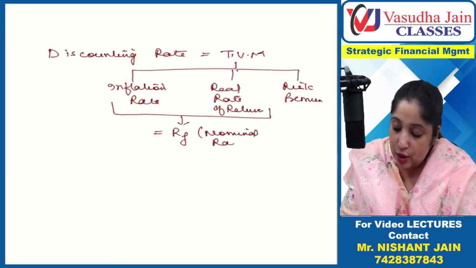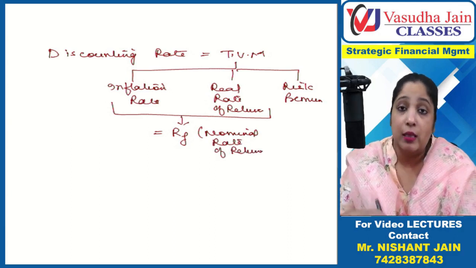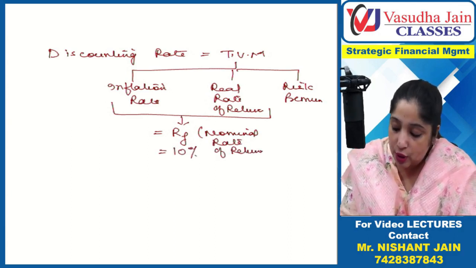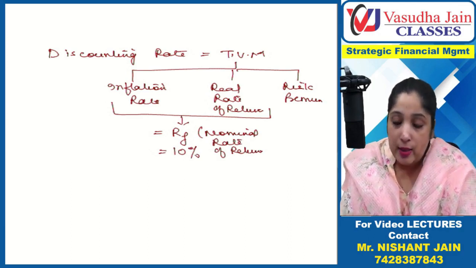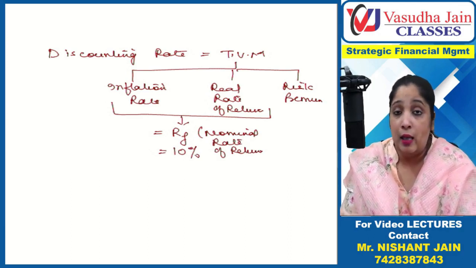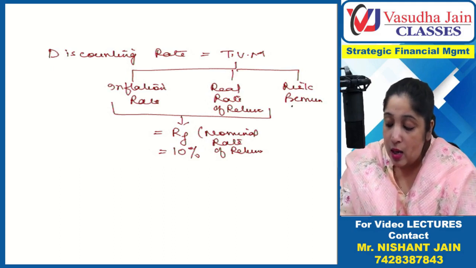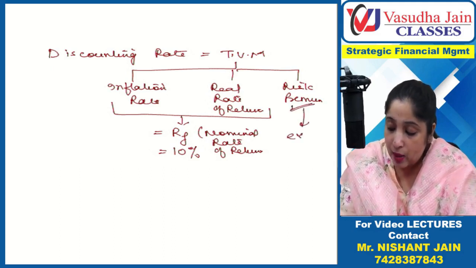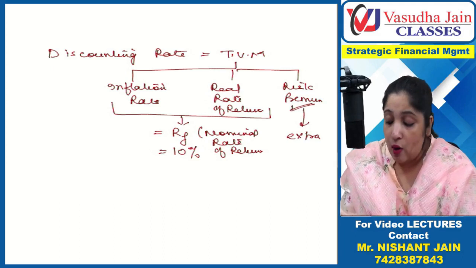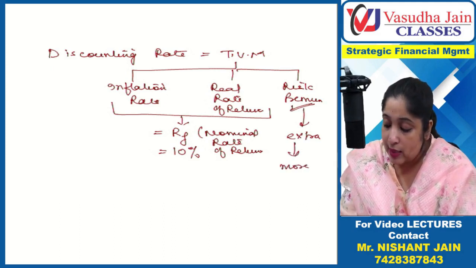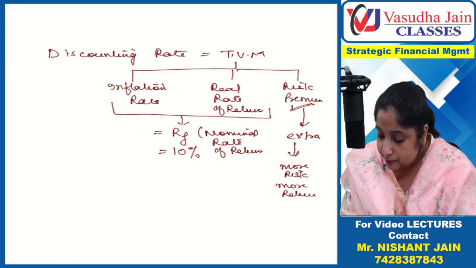Now if you are just talking about nominal rate of return, if you are just talking about the certain cash inflows, the project should be evaluated at the rate of 10%. But if you are including the uncertain portion also, then you should get extra return. And if more risk is involved in the project, more return we should expect, right?